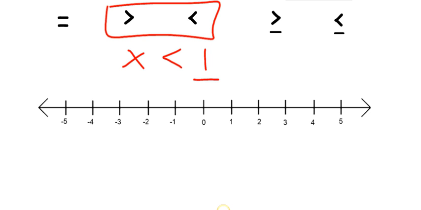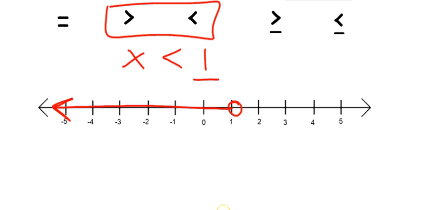But in this case, I'm going to leave it an open circle. And I leave it an open circle because 1 is not included. It's less than 1. It's not equal to 1, but it's less than 1. But 1 still gives me a starting point. And from here then, to show numbers that are less than 1, I actually just draw an arrow continuing down my number line with an arrowhead at the end to show that it goes on forever.